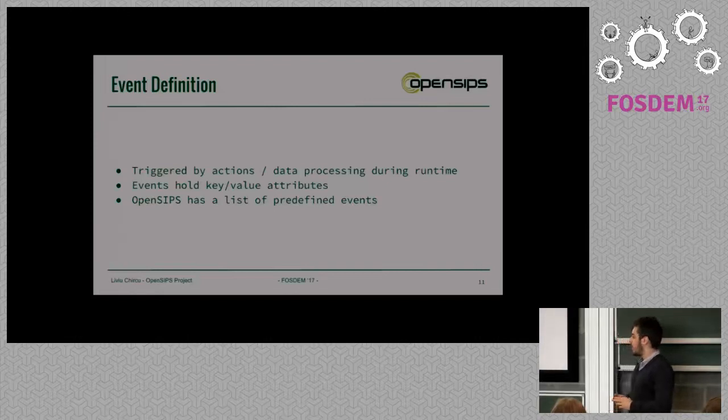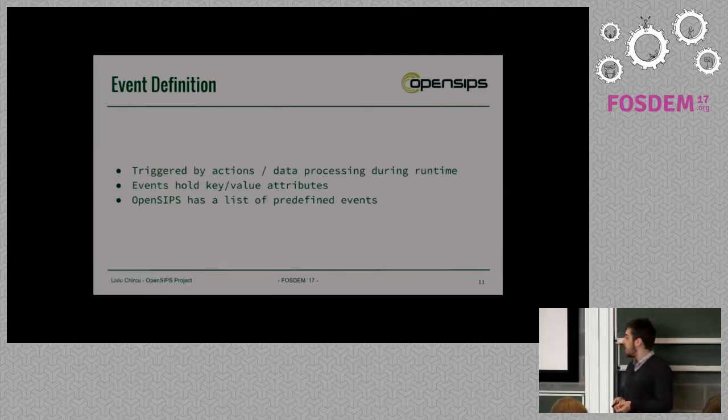And they will basically hold enough information, sort of like key-value attributes, so we can properly match them and block until the exact event that we're looking for is received.